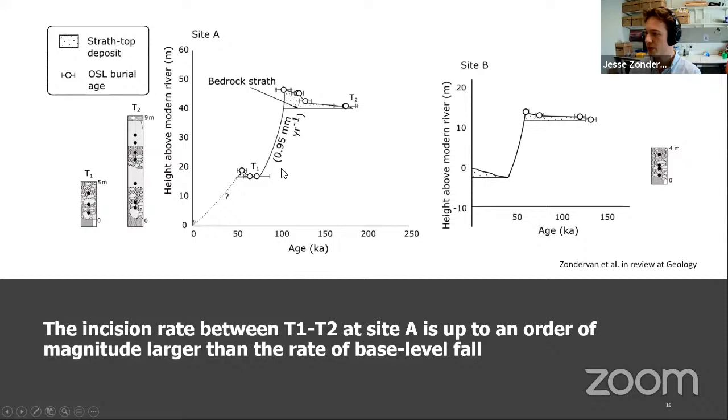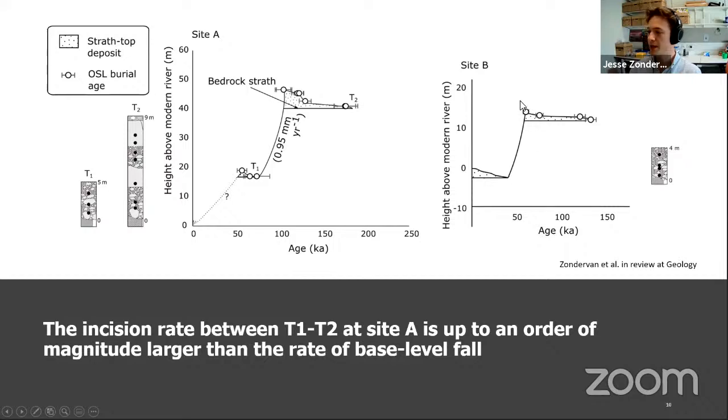And this rate, which is a minimum incision rate and could be even higher, is 0.95 millimeters per year, which is up to an order of magnitude higher than the base level fall from rock uplift, which is about 0.2 millimeters per year.